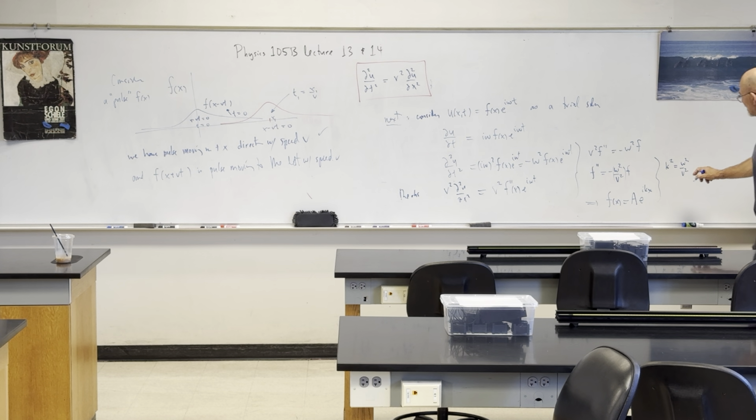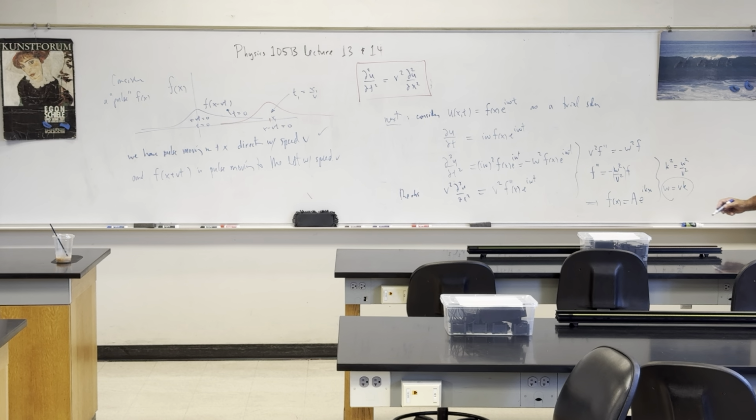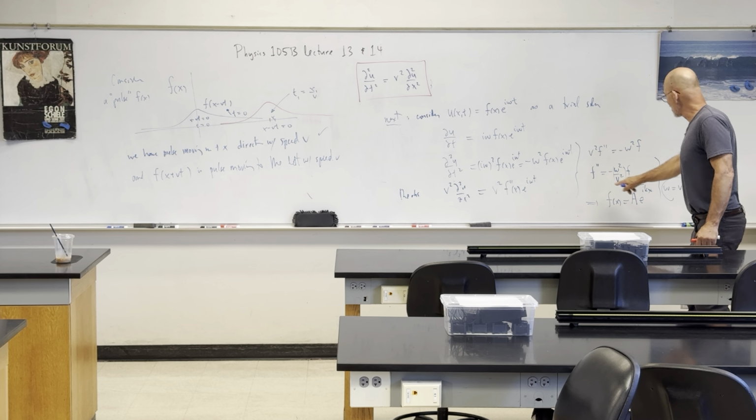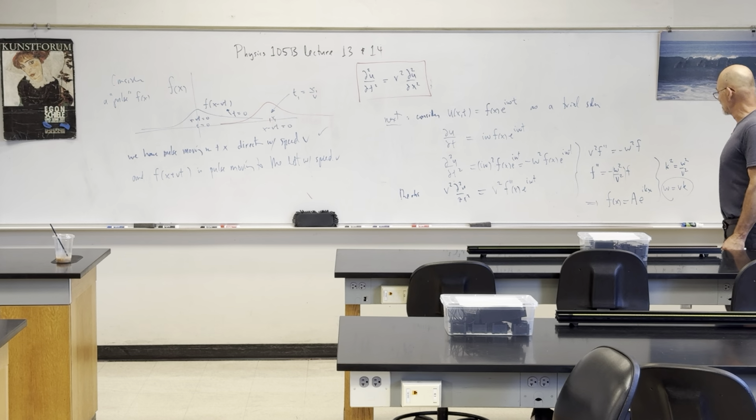Omega equals b times k. So now I'm putting, pardon? What about our generic constant A there? A would be on both sides. So A is just an arbitrary amplitude constant.